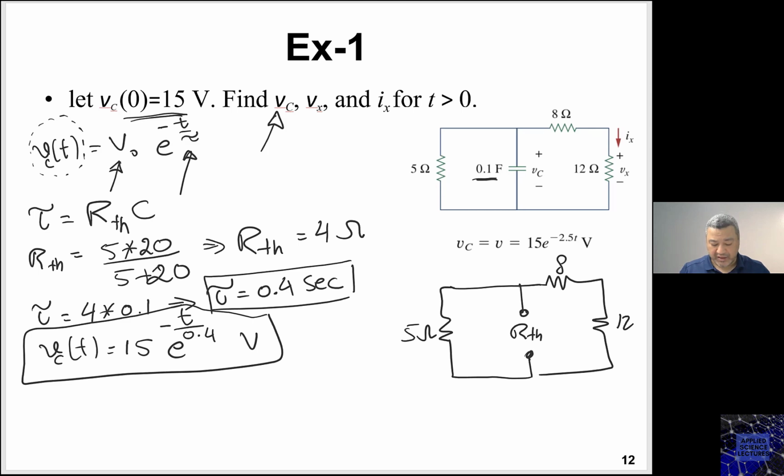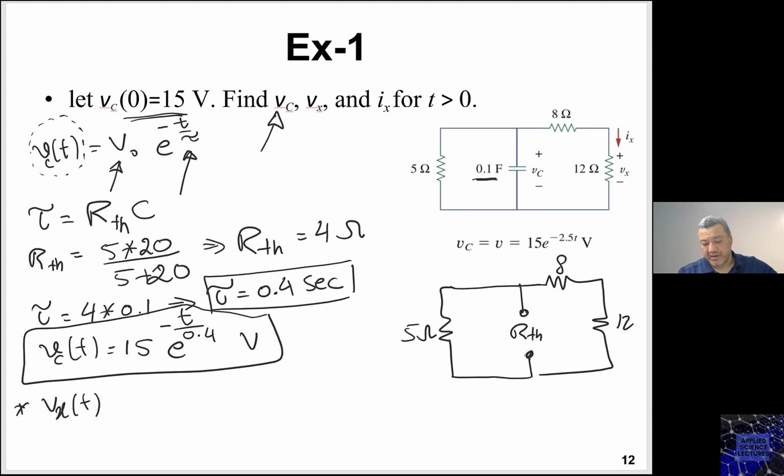How can I calculate Vx? Vx as a voltage is a portion of the voltage, by voltage division. Voltage division, that is correct. So Vx(t), keep in mind that Vx is also a function of time, right?